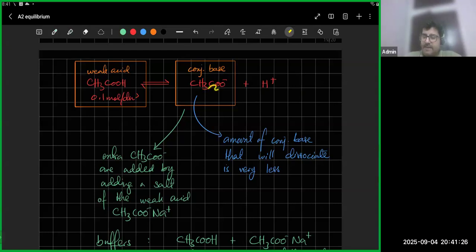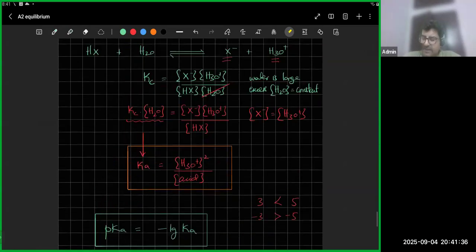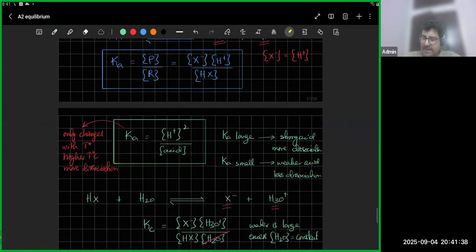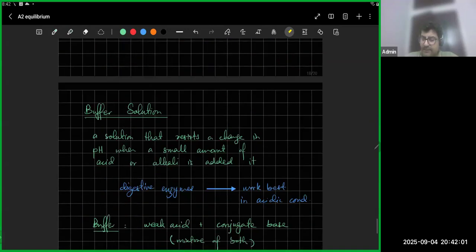And that difference is that since you're adding extra ethanoate ions, these two ions are not going to have the same concentration. Earlier, when you just had the weak acid, I told you that the two products, the two ions that are going to be produced, are going to have exactly the same concentration. But the trouble now is that extra conjugate base is being added to the system. So these two ions are no longer going to have exactly the same concentration. So that's the only difference.